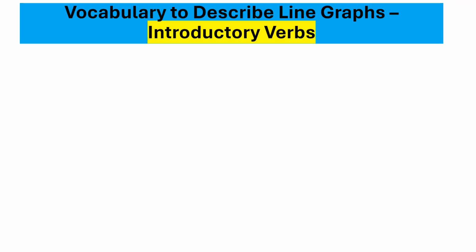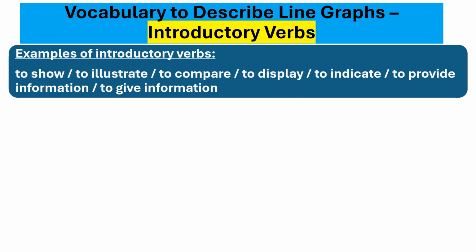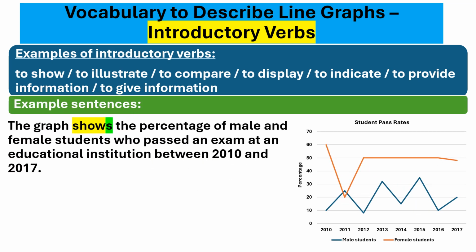When describing a line graph, it's important to use suitable introductory verbs to set the context. Common verbs include show, illustrate, compare, indicate, etc. For example, you can say, the graph shows the percentage of male and female students who passed an exam at an educational institution between 2010 and 2017.